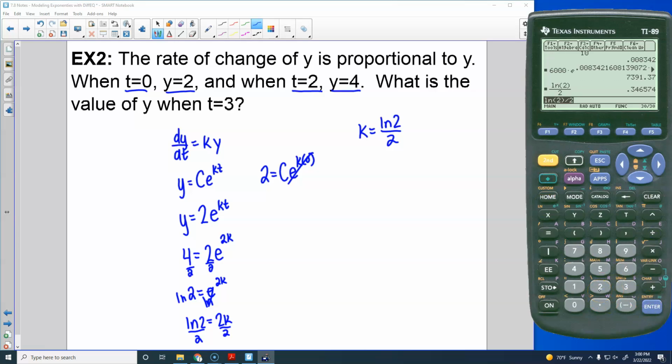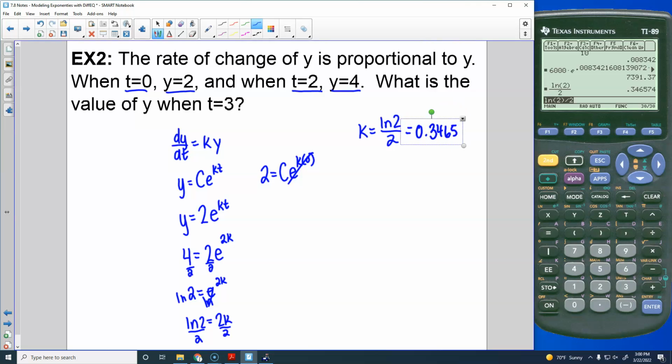It's just k, 0.34657. So our equation is y equals 2e to the 0.34657t. Or you can do y equals 2e to the natural log 2 divided by 2.